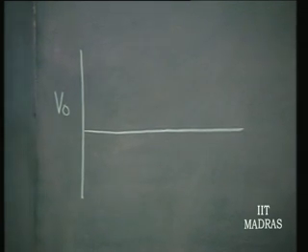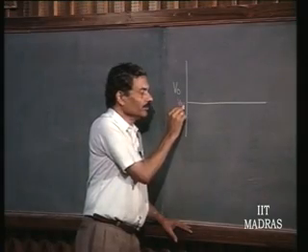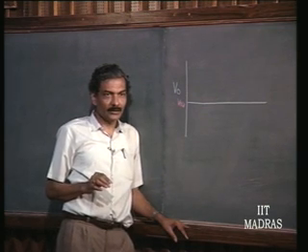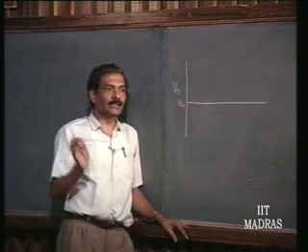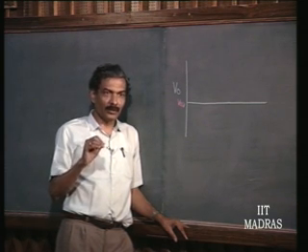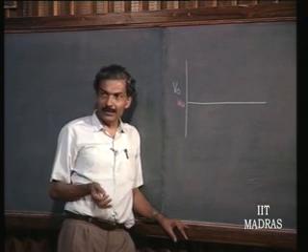So, what happens? Obviously, V naught was at V naught q, omega I was equal to omega naught q. Suddenly frequency changes, from omega I equal to omega naught q to some other value, either higher or lower.